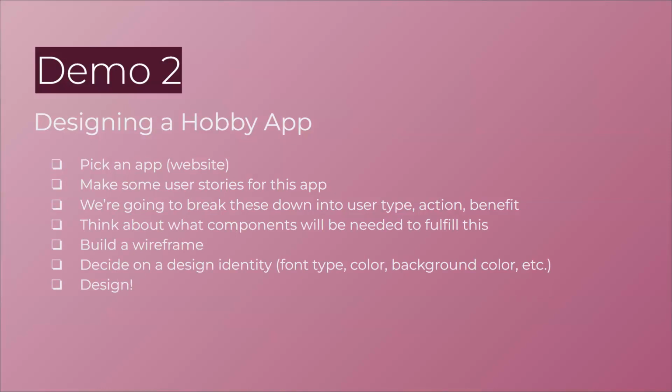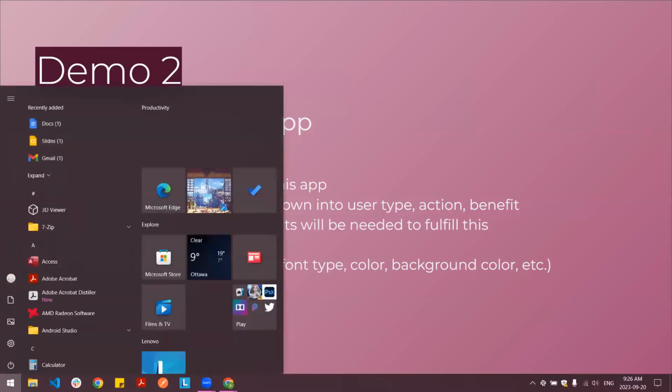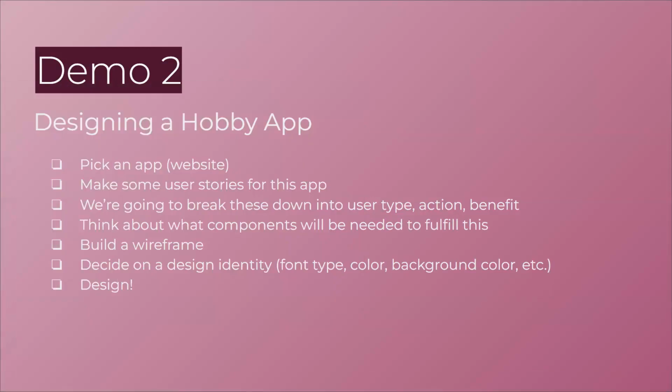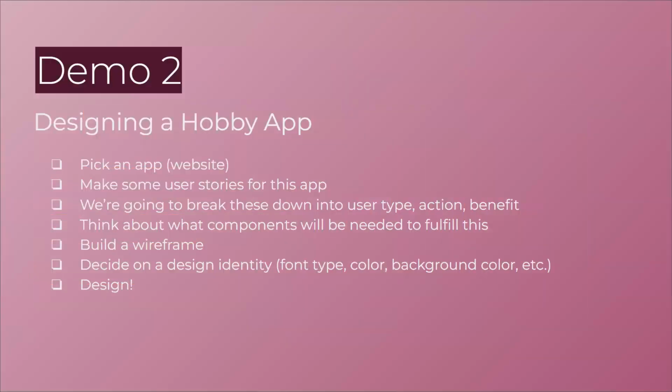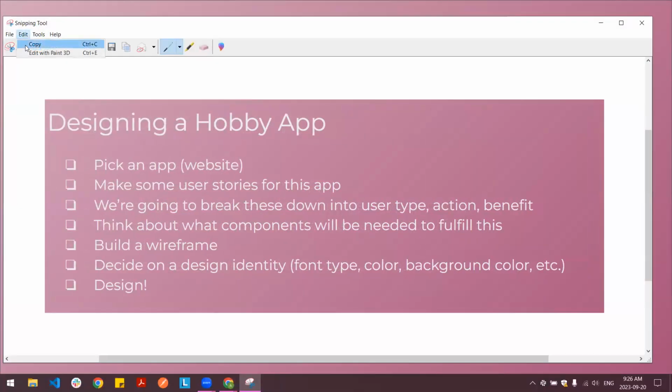Okay, give me one sec. I'm going to make a whiteboard, but what I'll actually do is I will snip this out so we can see this on the whiteboard. I'm going to stop sharing for a sec.